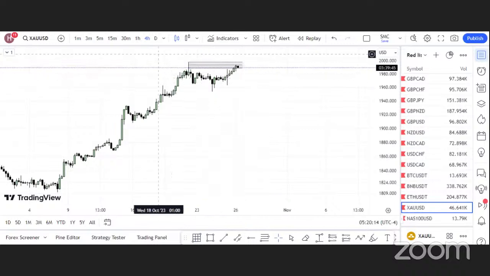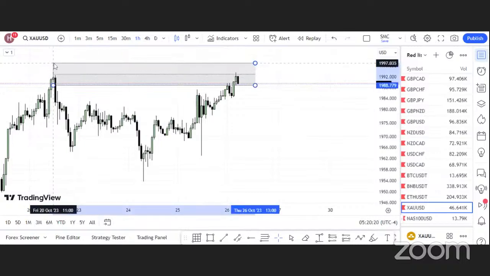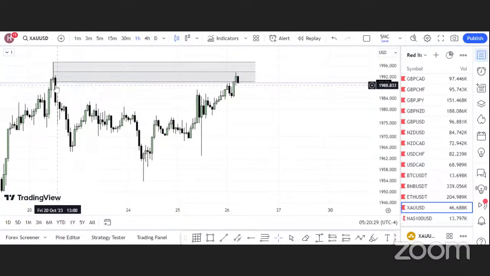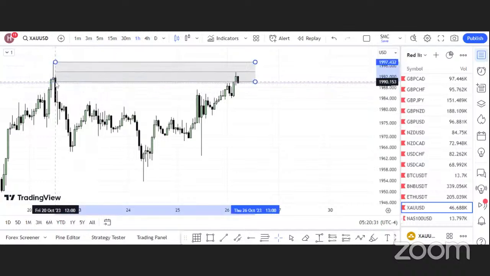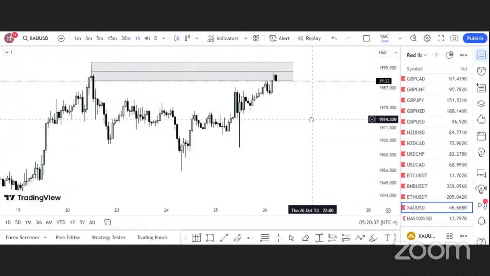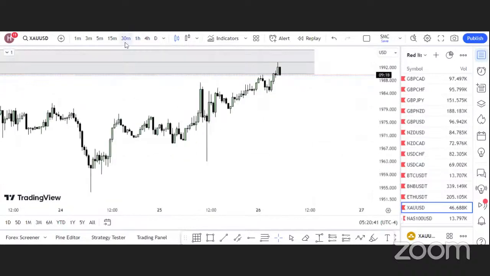That area got rejected previously, so we can refine this to the 1-hour rejection. Yes, so the gold market has been on a massive move to the upside.